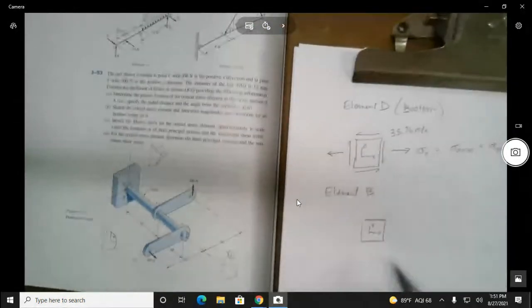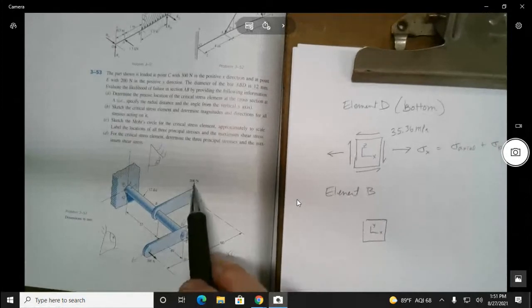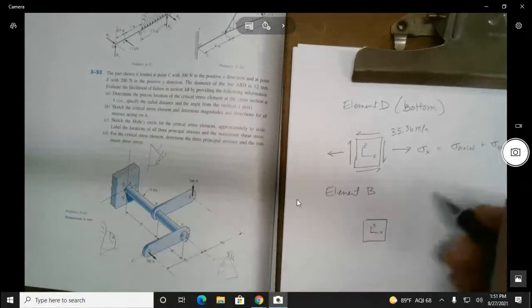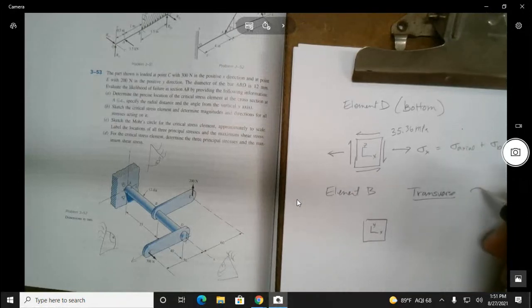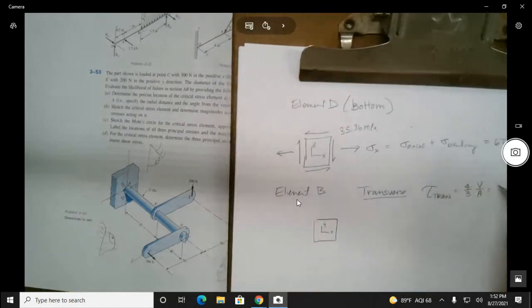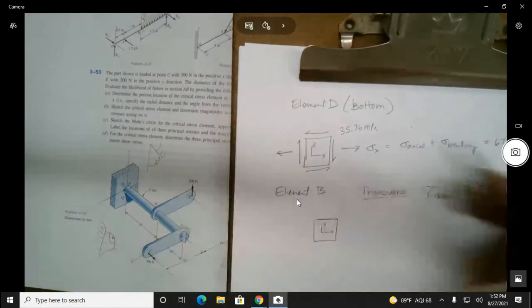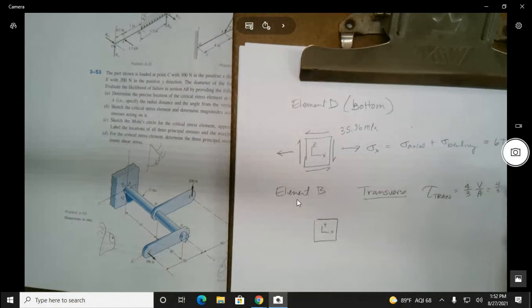Now we have to look at that 200, right? So we go to the transverse on this. That element is going to have 4/3 V over A, where V in this case is going to be that 200. And the area, we did at the very beginning.